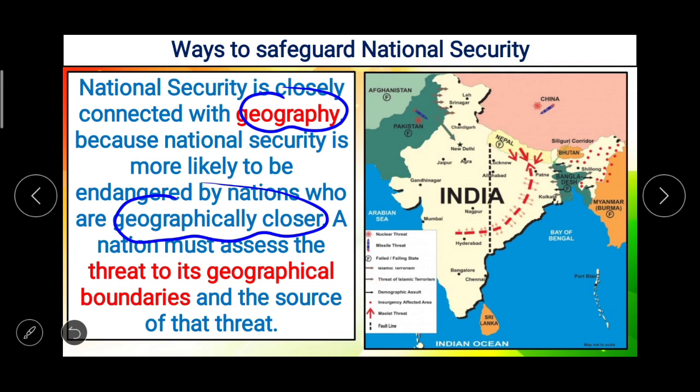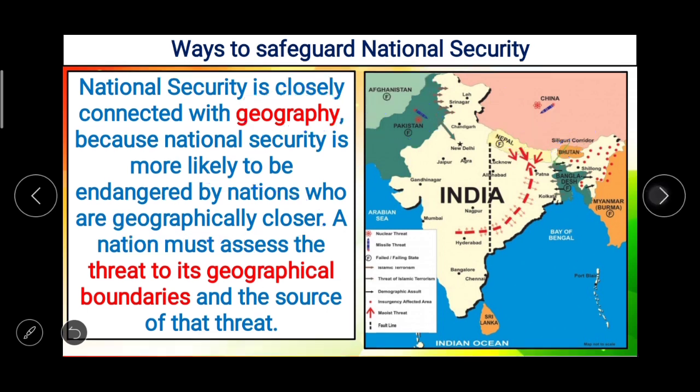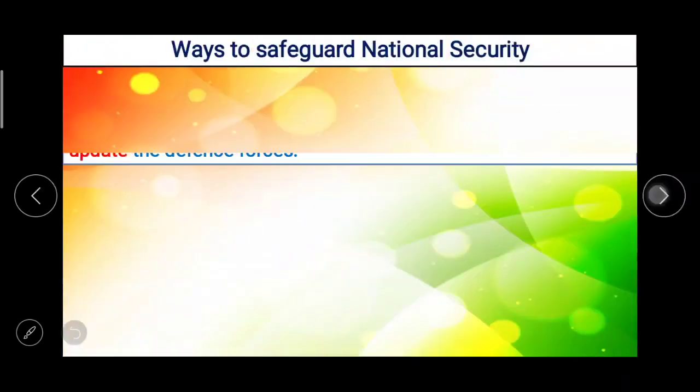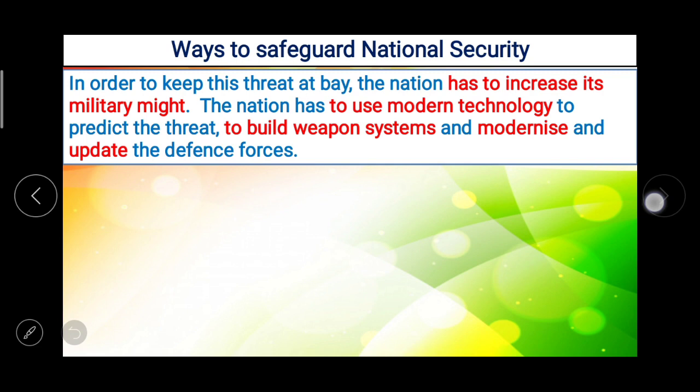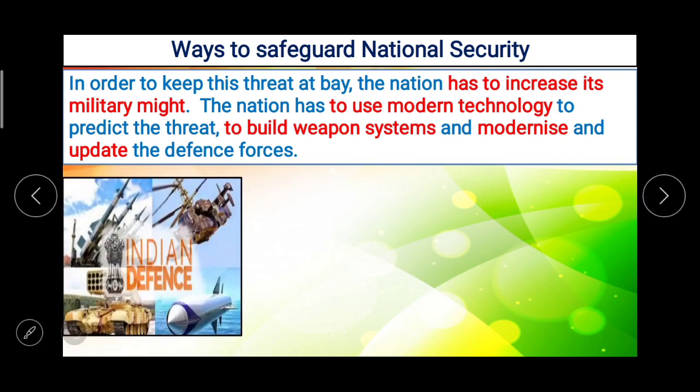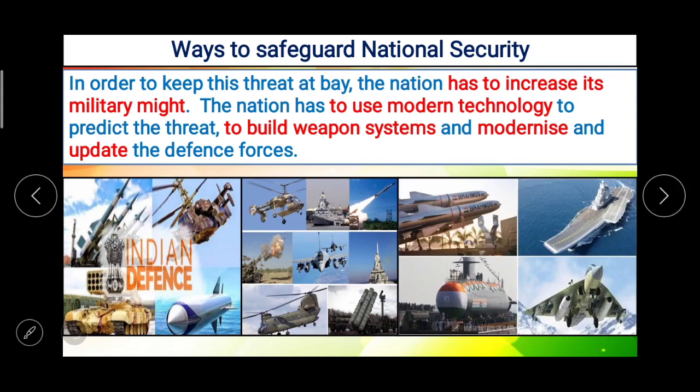A nation must assess the threat to its geographical boundaries and the source of that threat. And here you can see Pakistan, China, Nepal, Bhutan, Afghanistan, the neighboring countries of India. In order to keep this threat at bay, the nation has to increase its military might.